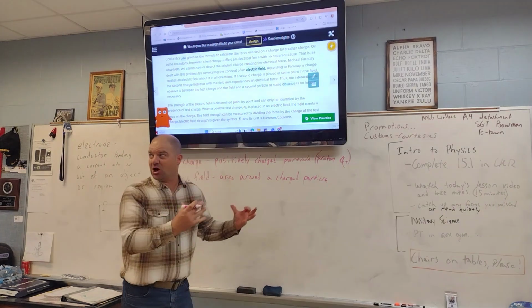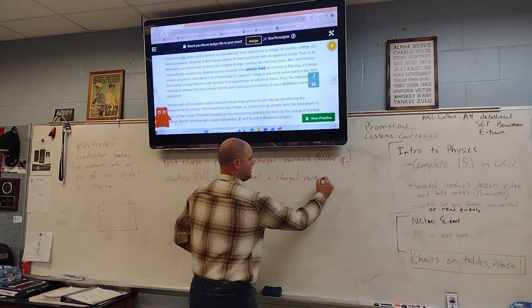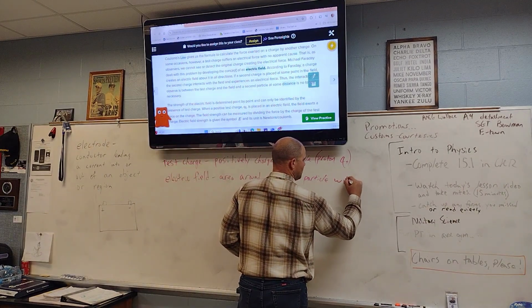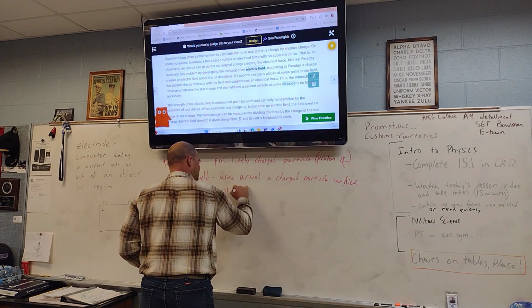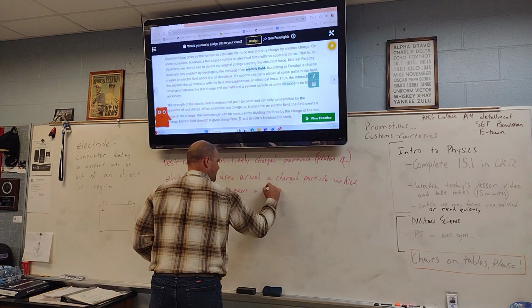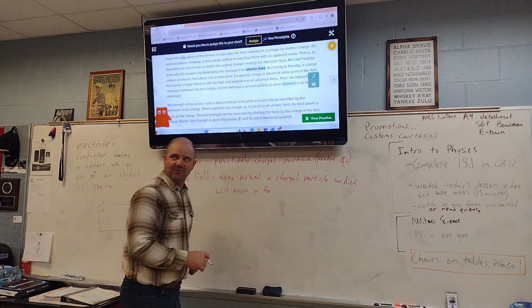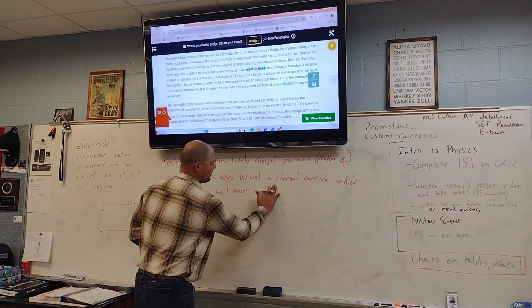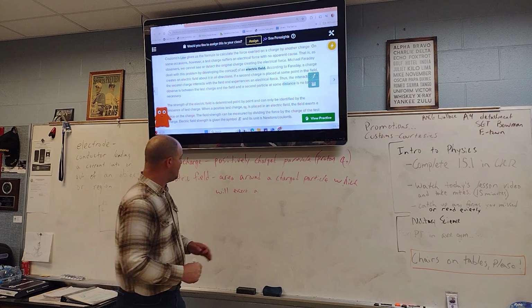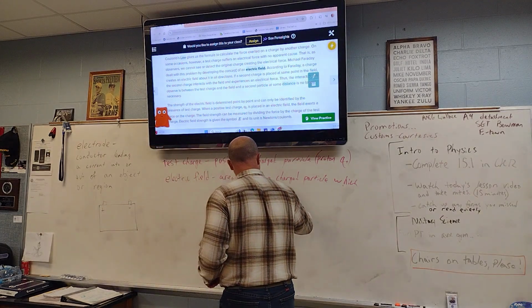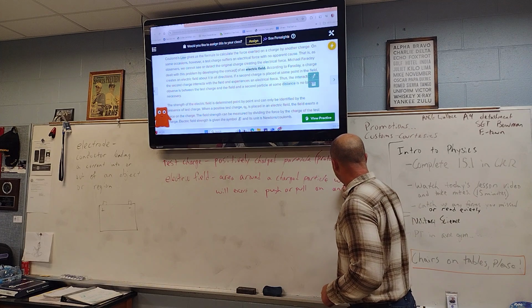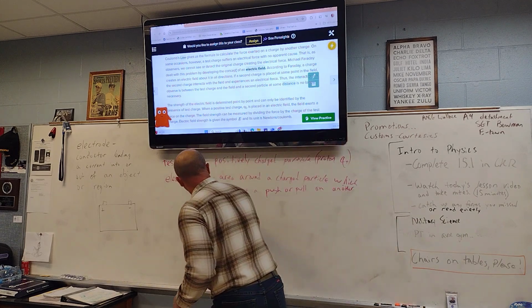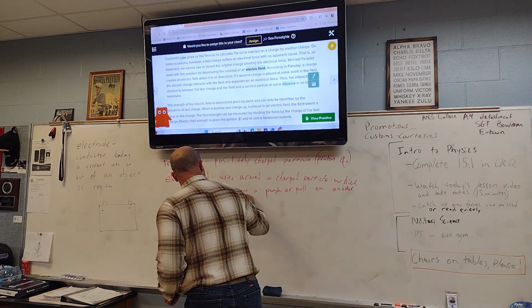So around a charge, you're going to have an area which will exert a force. In fact, I'll replace the word force here with push or pull. It will exert a push or pull on another charged particle in that area.